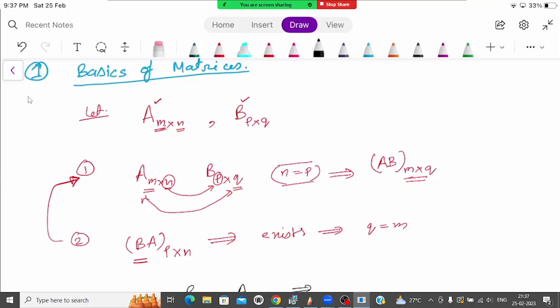How is it possible to multiply them? When the number of columns of B is equal to the number of rows of A, which means q equals m.